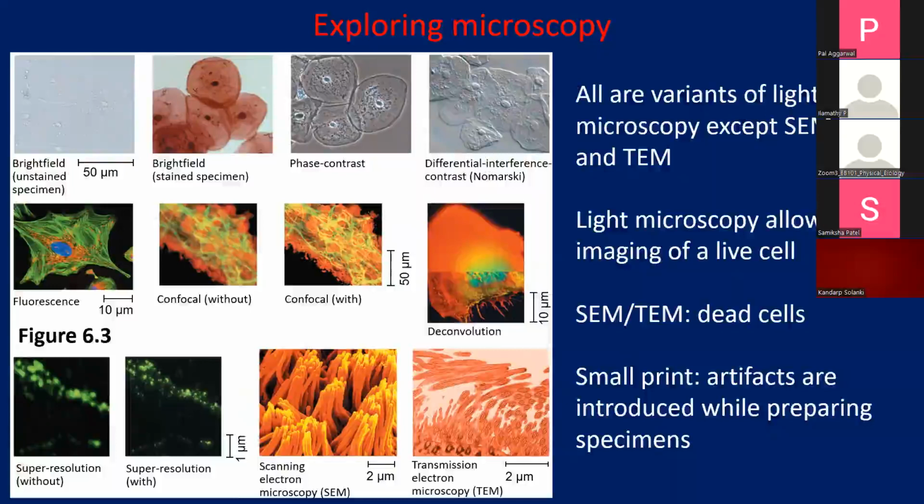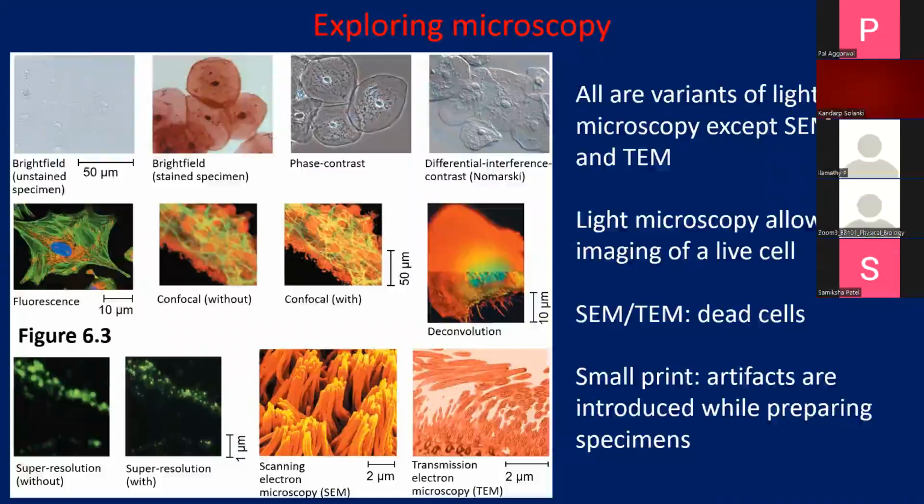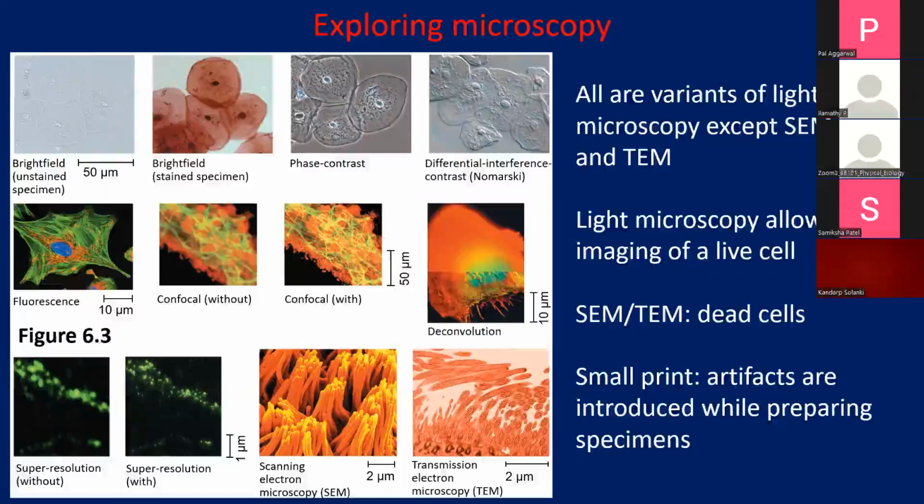But in case of electron microscopy, the sample preparation technique is altogether different. The electrons are very high energetic, just like a radioactive sample or X-ray. So you cannot go for repetitive X-rays, repetitive NMR, or repetitive CT scans, because it will harm the cell.